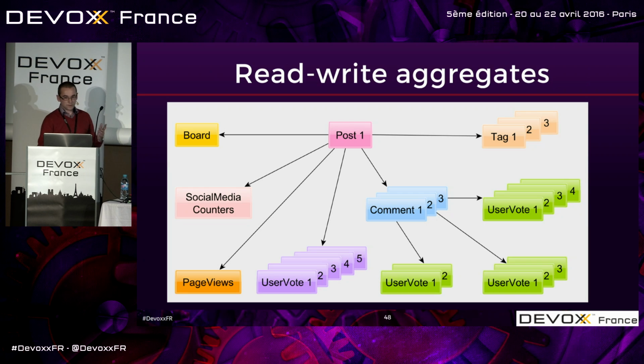So if we take the following example, that's how an entity aggregate looks. You have a post entity, which has a board. It has all sorts of social media counters, page views. A post, of course, can have multiple tags, because this is a forum. And a post also can have comments, and users can vote on those comments, but they can also vote on the post itself.